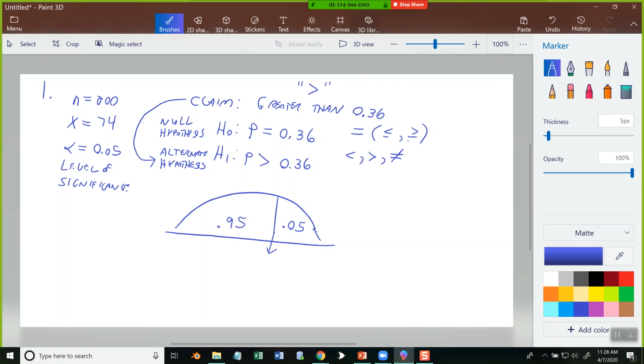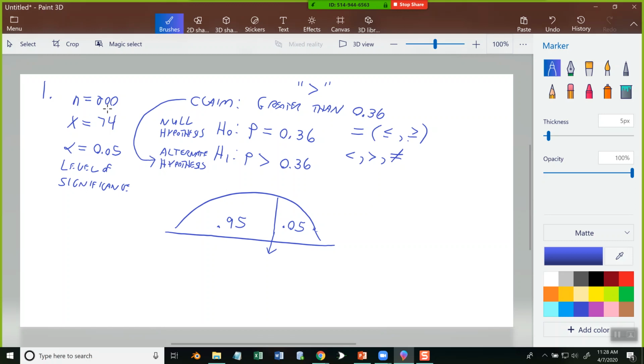Now, we could take this 74 and divide by 200, and that would give us the proportion, the percentage, if we moved to 2 decimal places. When we're checking our claim whether it's greater than 36%, that's not exactly what we're testing.